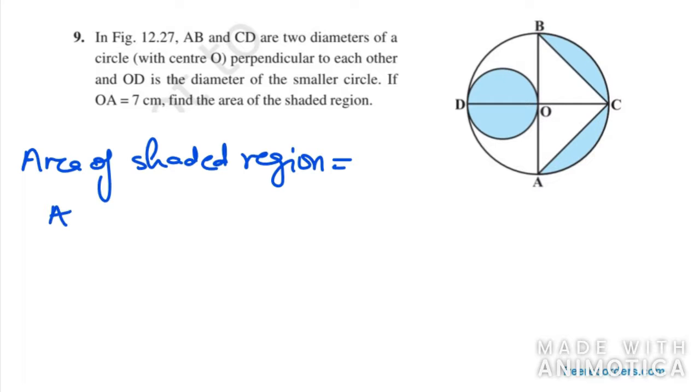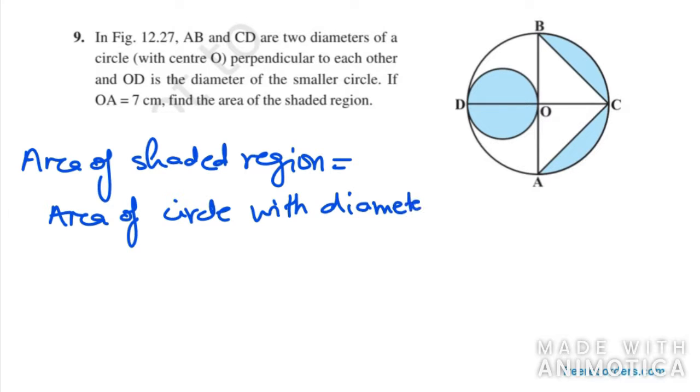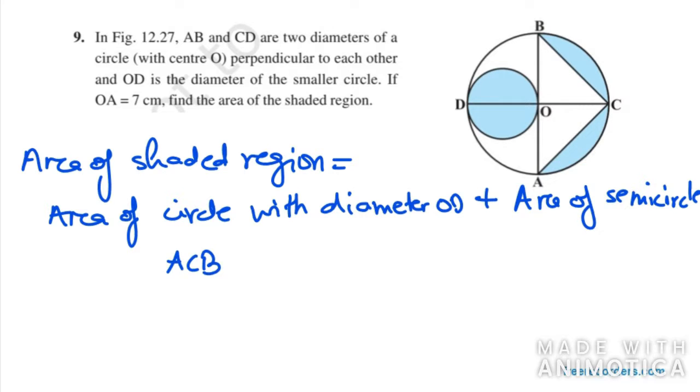It will be the area of the circle with diameter OD plus the area of semicircle ACB, this part, the half semicircle. Then take away the area of triangle ACB.